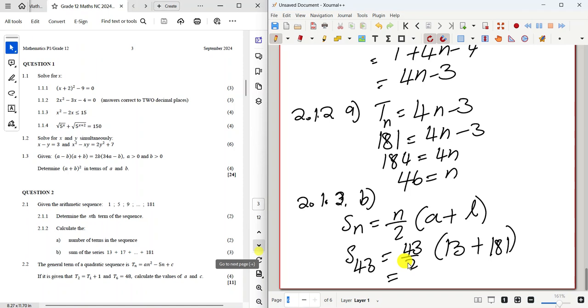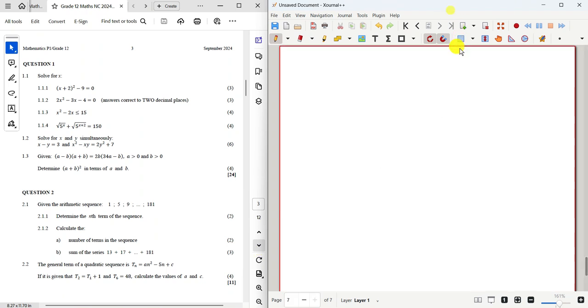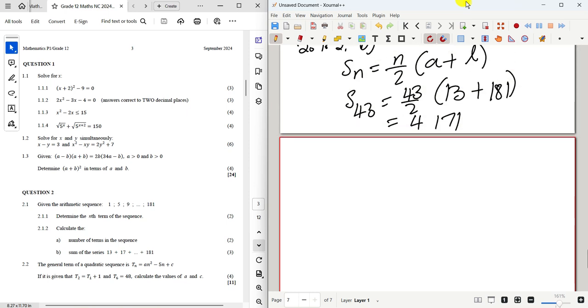On our calculator, 43 over 2 multiplied by 194. It is 4,171. Perfect. Now, 2.2, let's see if we will be able to finish this in less than 11 minutes.